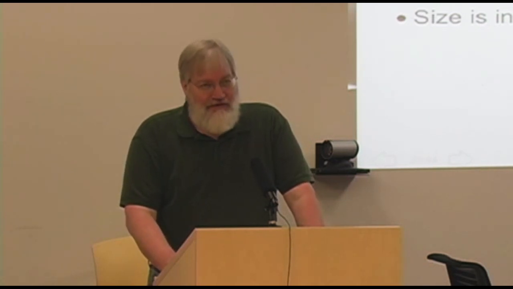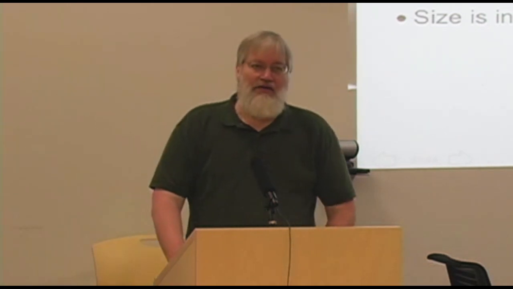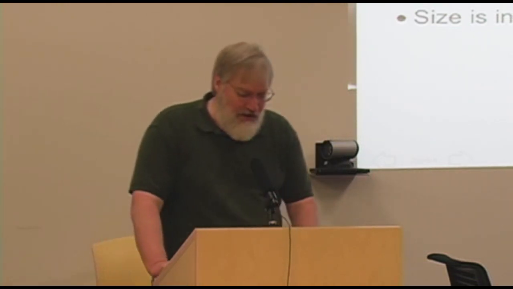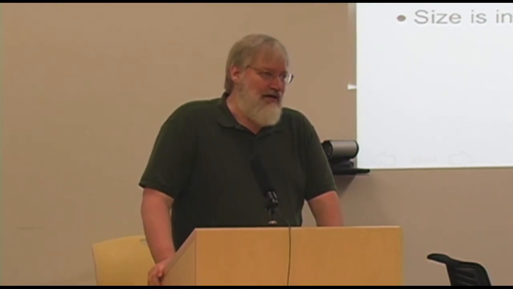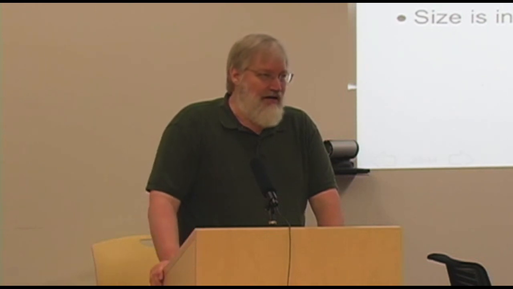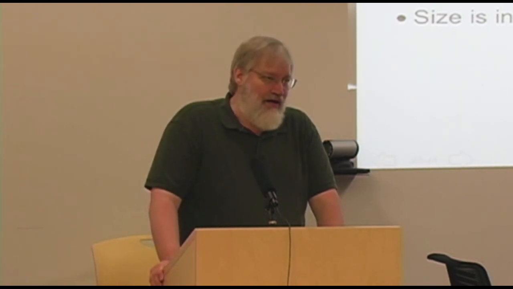So each block is half a K. Most of the time, there are exceptions to this, but traditionally, those commands are going to output their results in half K blocks. And I believe this is one of those cases. So that means you take the number that you have. If you had 2,048 blocks, you divide that by 2, that would be 1,024 K, so you'd have a meg there.